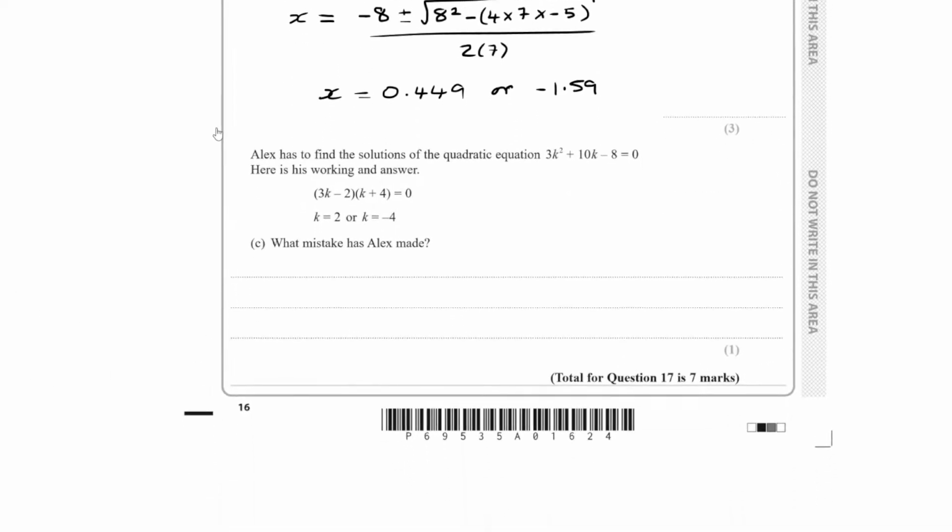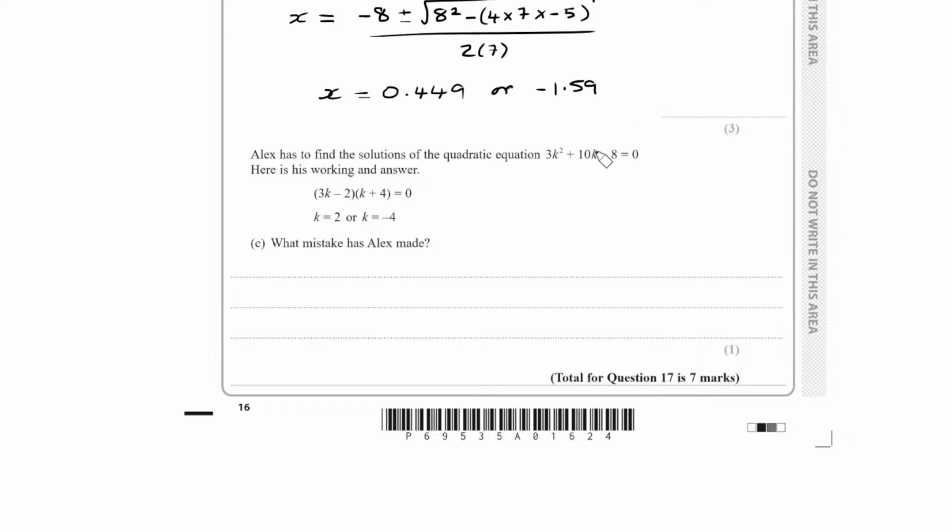Okay, and part C. Alex has to find the solutions of the quadratic equation 3k squared plus 10k minus 8 is equal to 0. Here is his working and answer. What mistake has Alex made? Normally in this case I try and just work it out myself and then compare my answers. Or you could try and pick up on the mistake directly. As I said, normally we try to factorize in order to solve quadratics.